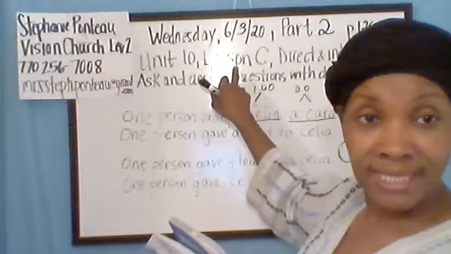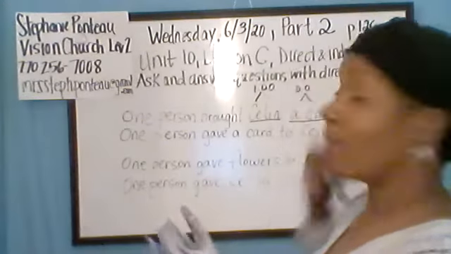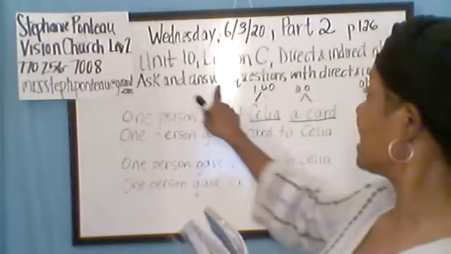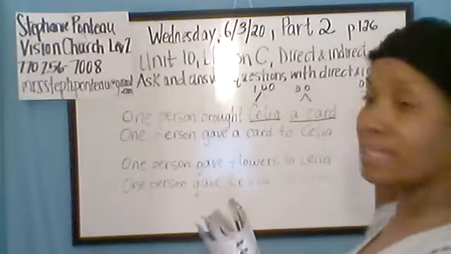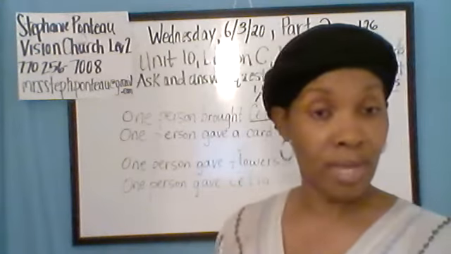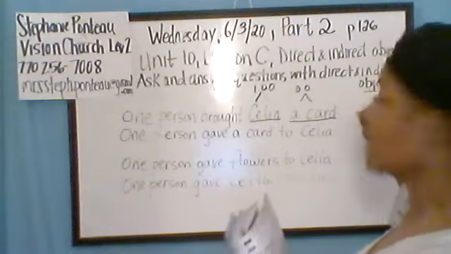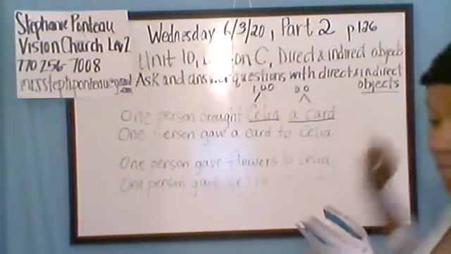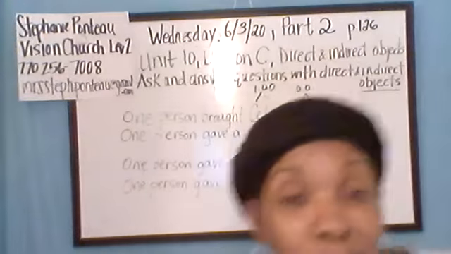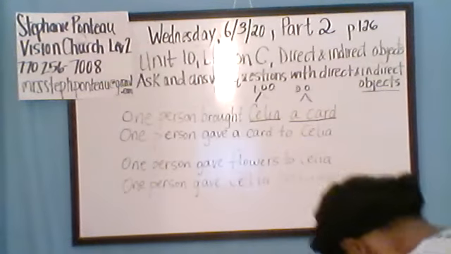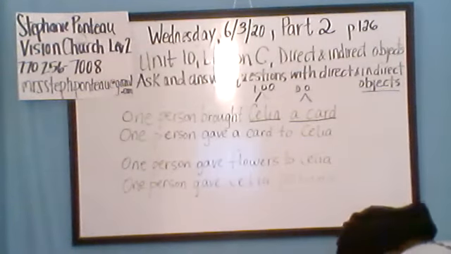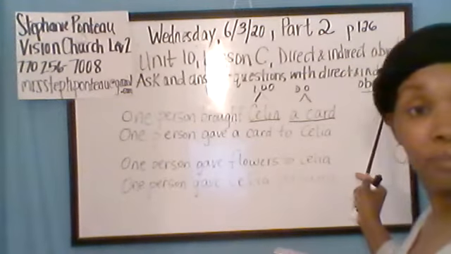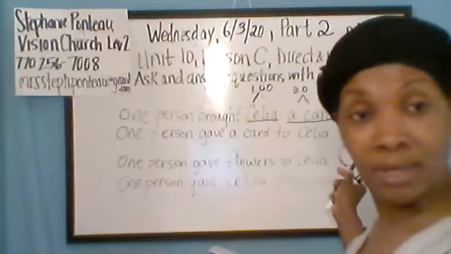We're now in Lesson C, and we're going to learn about direct and indirect objects, and we're going to ask and answer questions with direct and indirect objects, okay? That word object. An object receives something, okay?